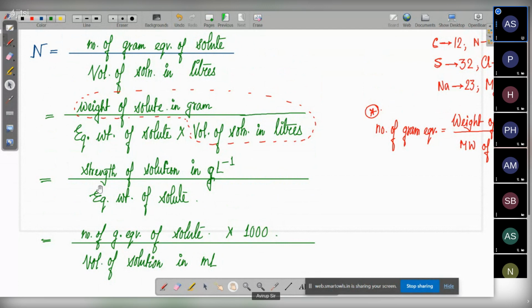Acha, can you tell me one thing? Will molarity and normality depend on temperature? Is molarity and normality dependent or independent of temperature? Both molarity and normality are dependent on temperature. What is the reason behind your answer?